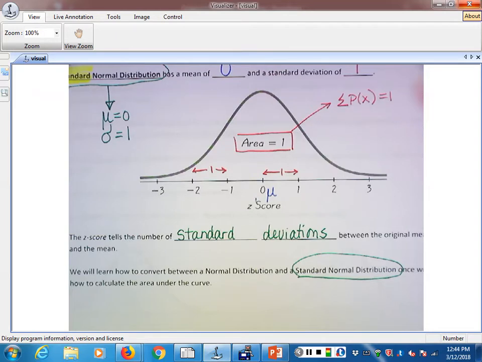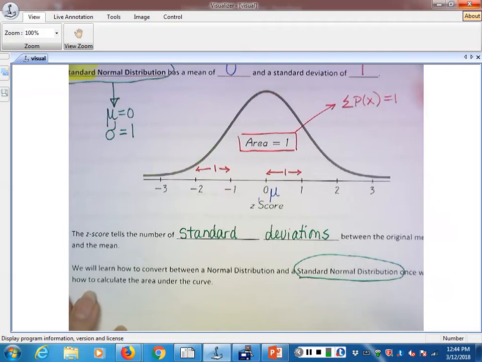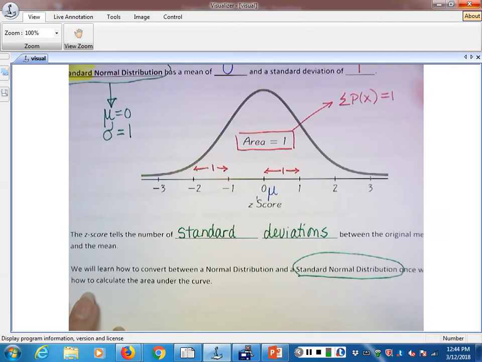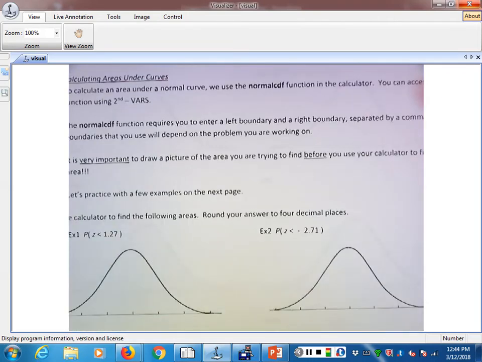But for those of you that may be working ahead in my math lab to learn how to do this, just be aware that when I use the calculator commands, I'm a lot pickier than the person that wrote all that stuff for my math lab. Okay? And since this is my class, we're going to do it my way. I've been at this longer than the person that wrote the lesson. In fact, I used to work professionally as a statistician, so that's why there's some things I'm pickier about than they are.